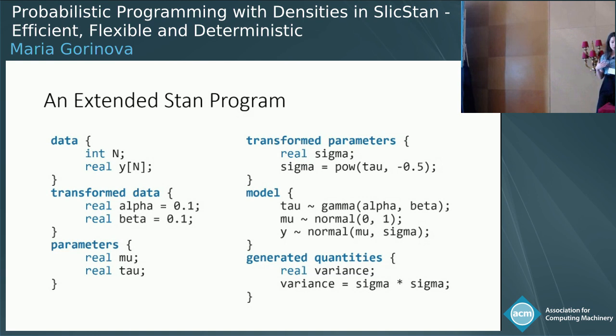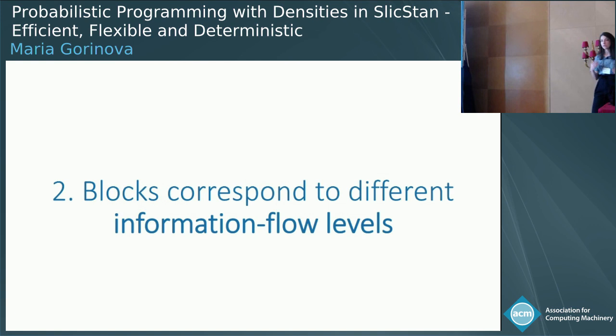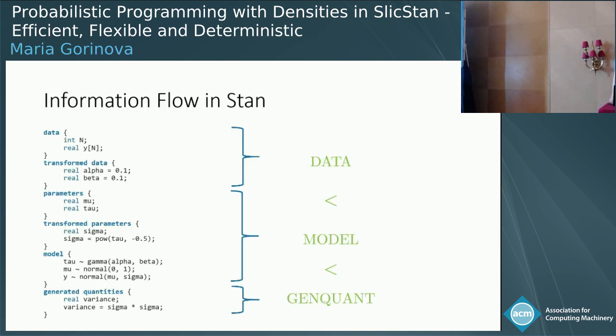So this leads us to our second insight, which is that these Stan blocks correspond to different information flow levels. What do I mean? Well, we can take the first 2 blocks and say that all the variables there are of level data, and all the variables in the parameters, transformed parameters, and model blocks are of level model, and then the variables in the generated quantities block are of level genquant.